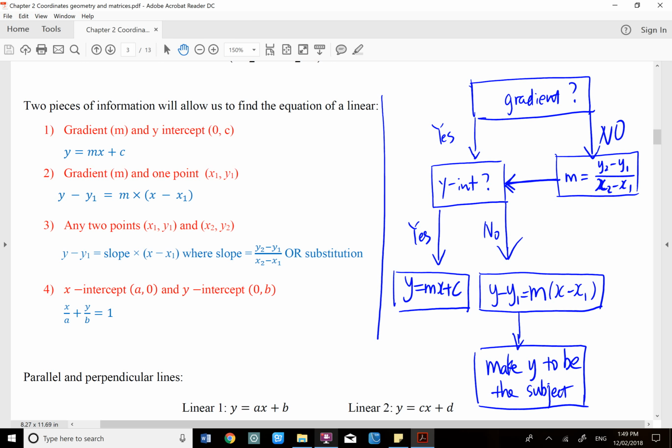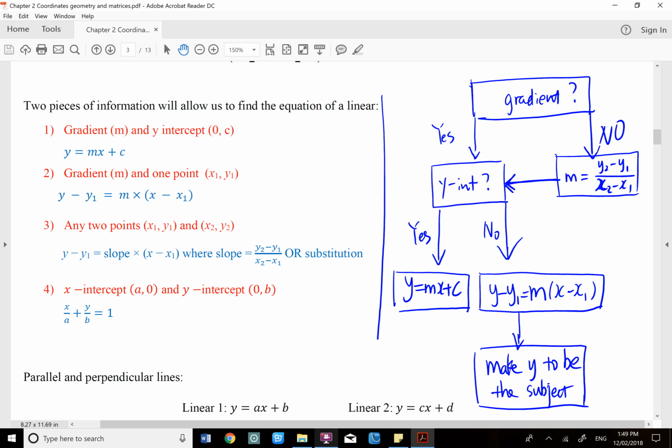What I'm thinking for linear equations is: what kind of information do I have? First question we ask ourselves, do I have the gradient? If yes, we think about whether we have the y-intercept, because I want to give y equals mx plus c. If yes, simple, y equals mx plus c.